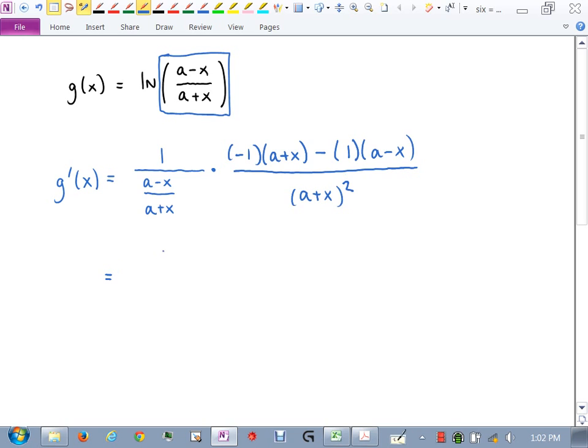Clean that up. I'm going to flip this first one over, a plus x over a minus x, times, this turns out to be negative (a minus x) minus (a plus x). That's what happens when I distribute through here. So that's just negative 2a, and then (a plus x) squared.